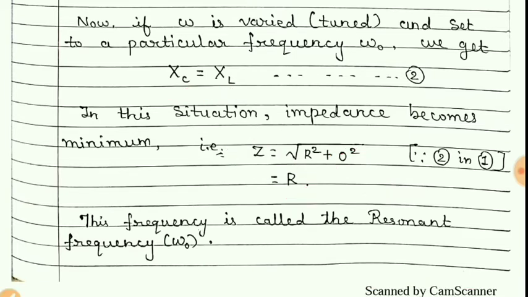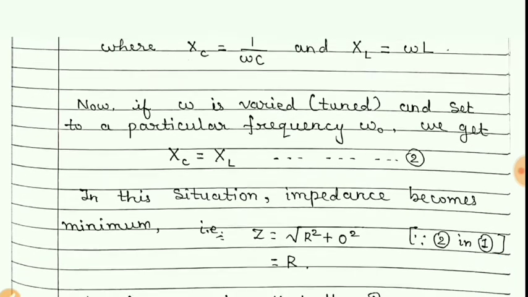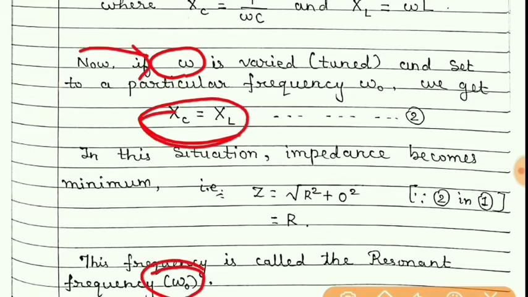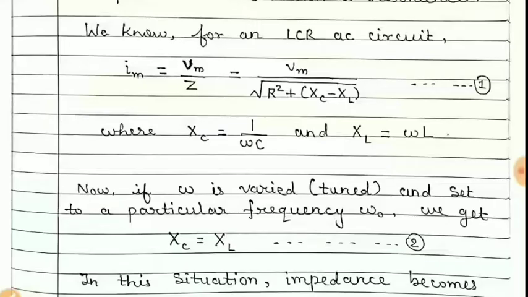In that case, what will happen? The frequency for which this condition is obtained is known as the resonant frequency, because in that case the impedance becomes minimum, which is equal to R. And so when Z decreases, the value of Im will increase.